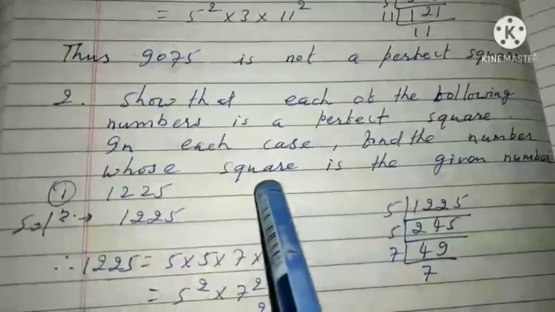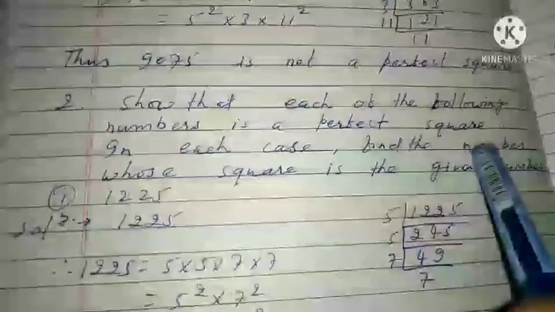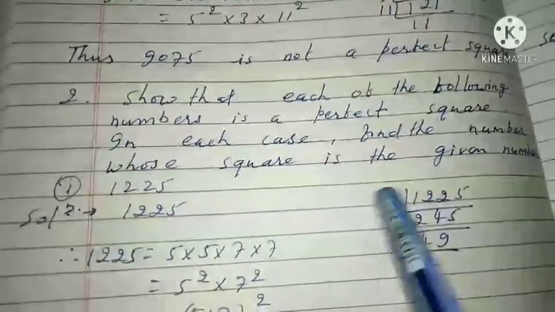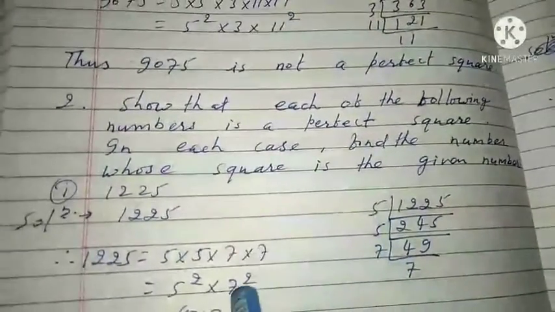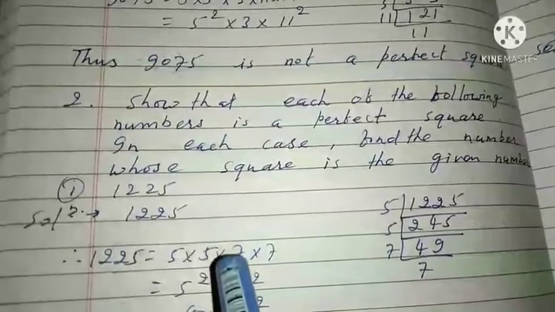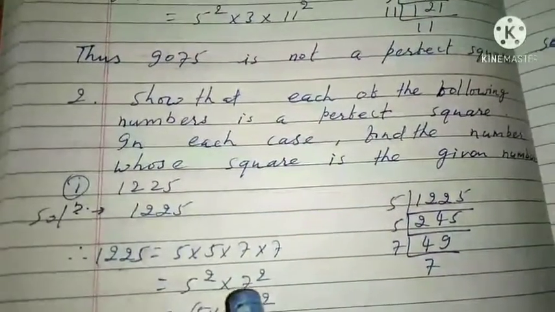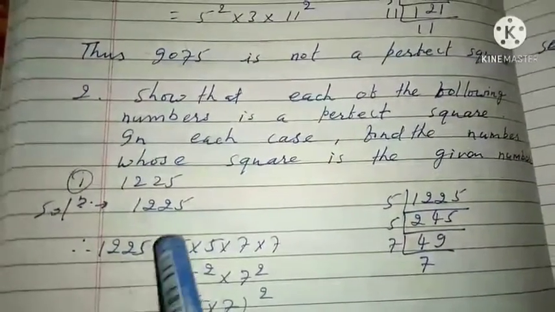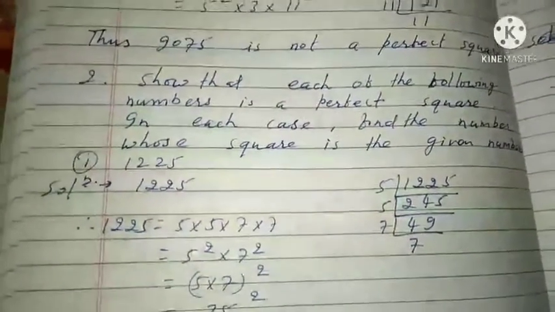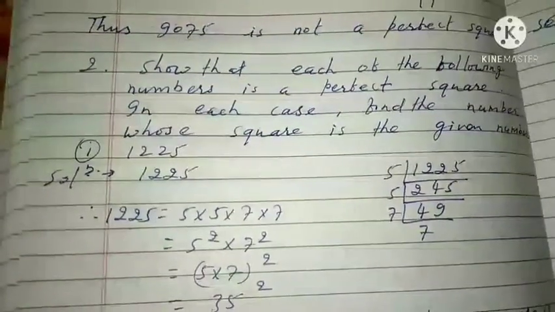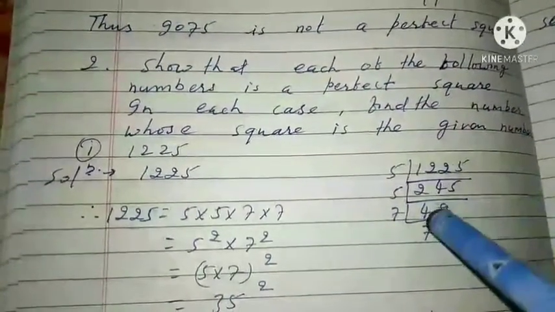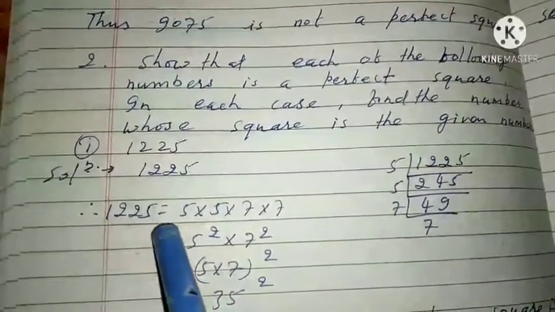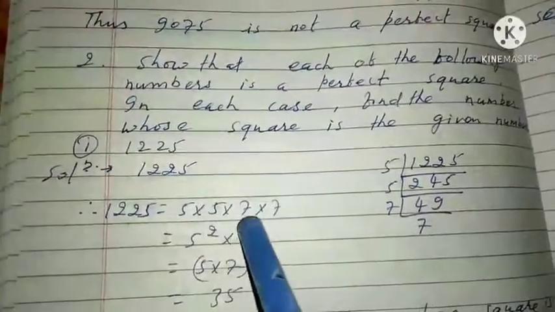Moving to the second question. The second question says to show that each of the following numbers is a perfect square. In each case, find the number whose square is the given number. Okay, so first of all, we have to check whether the number is a perfect square or not, and after that we have to find the number which when multiplied by itself gives the given number, and that can be found by using prime factorization only. So on doing the prime factorization for 1225, we get 1225 is equal to 5 into 5 into 7 into 7.